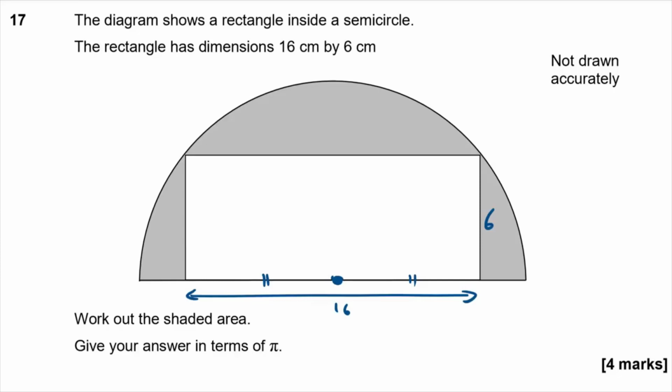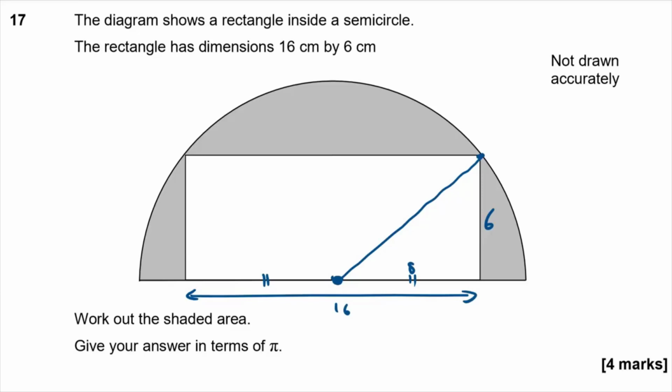In other words, this half is going to be 8. Now if I draw a radius from here to here, then I can use Pythagoras theorem to work out what the radius of this circle is.